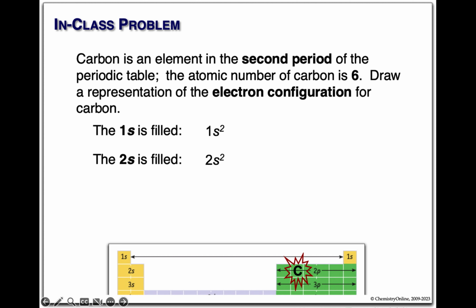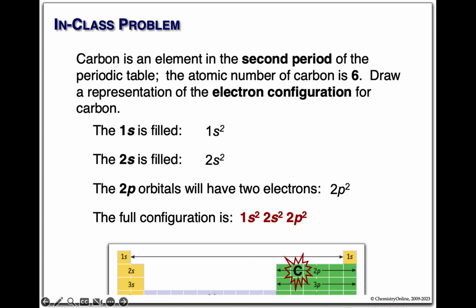And the two p orbitals here will have 2 electrons. We simply write that as 2p2. Again, these guys right here, these 4, are the valence electrons. If I asked you to write the full electron configuration, you would do this: 1s2, 2s2, 2p2. It's pretty straightforward, isn't it?